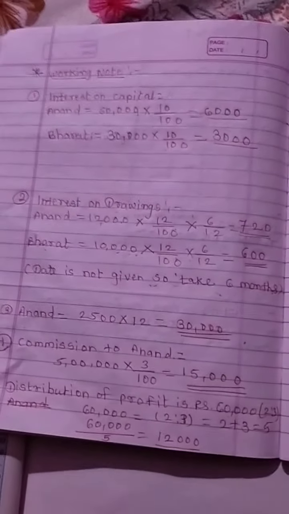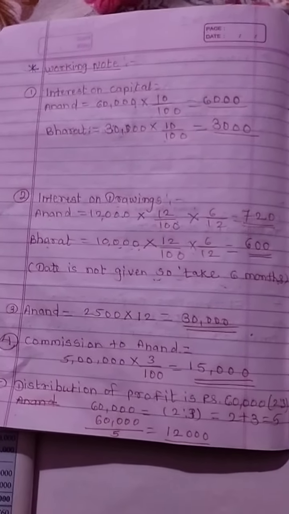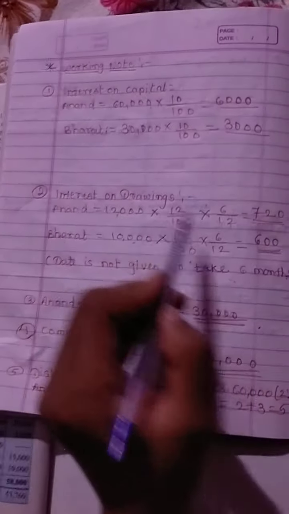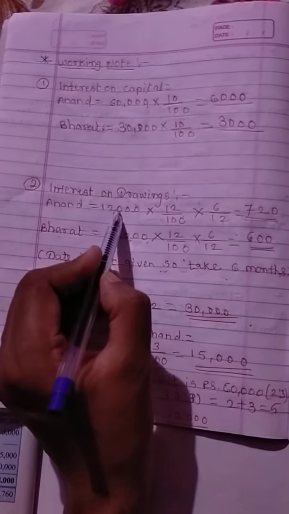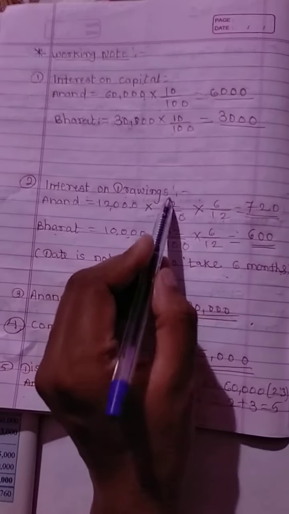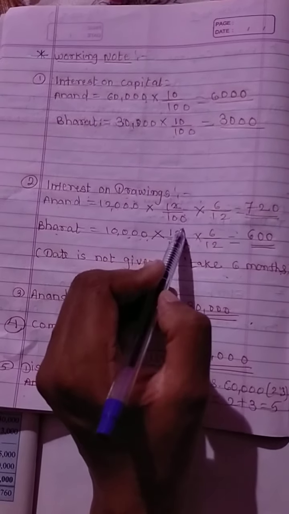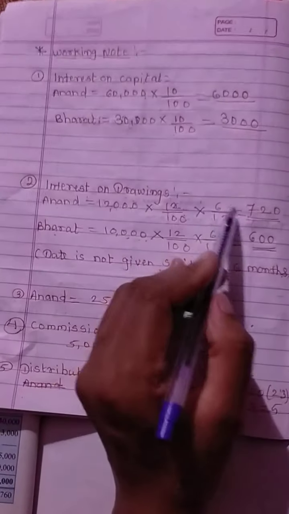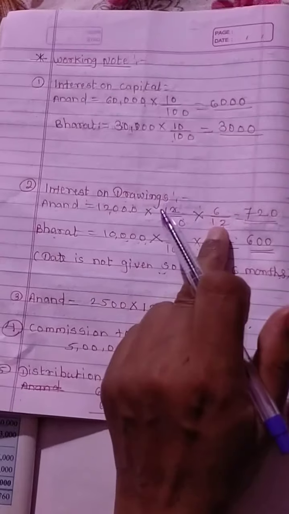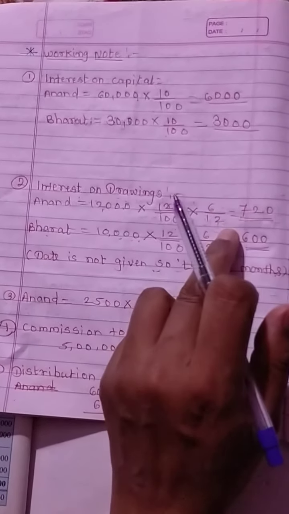So we are calculating interest for 6 months. Anand's drawing is 12,000 at 12% per annum, so into 6 divided by 12, because we are calculating for 6 months.